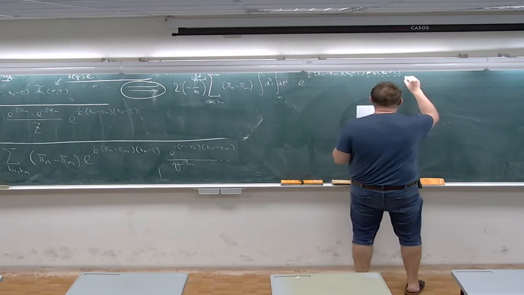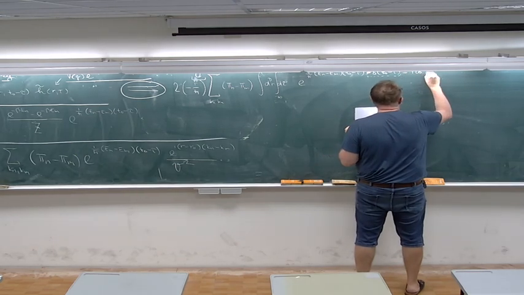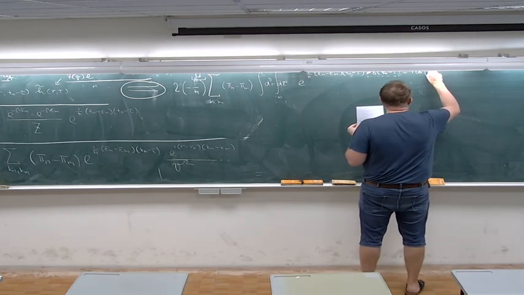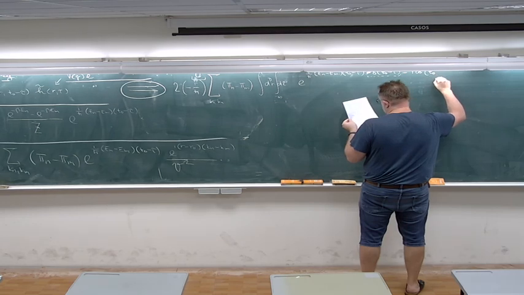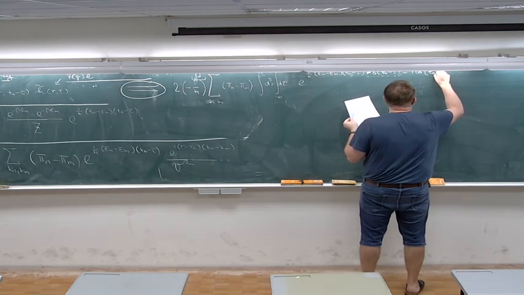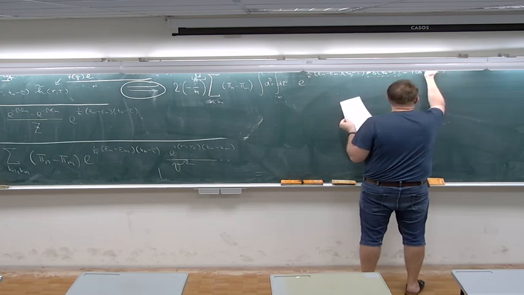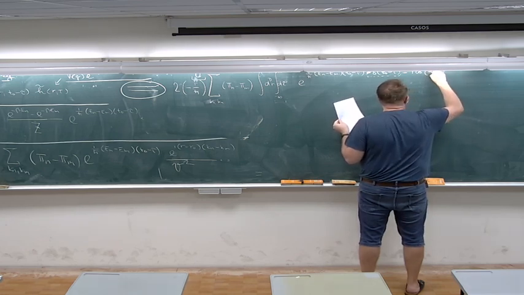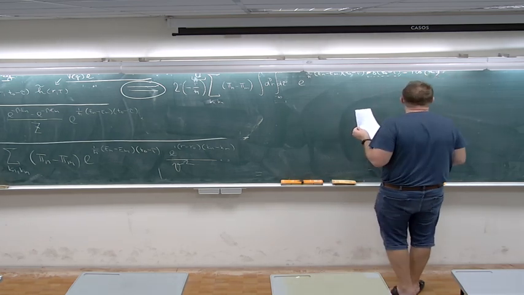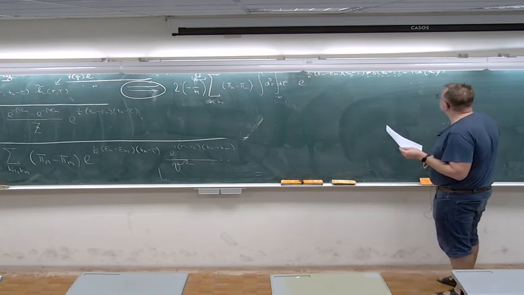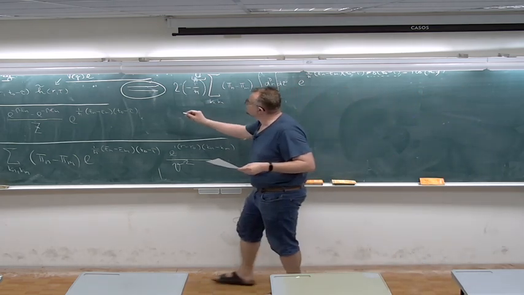Okay, and then we are having this minus E omega T0. I have it differently. There was this minus tau from the perturbation, because our perturbation is tau dependent, right?